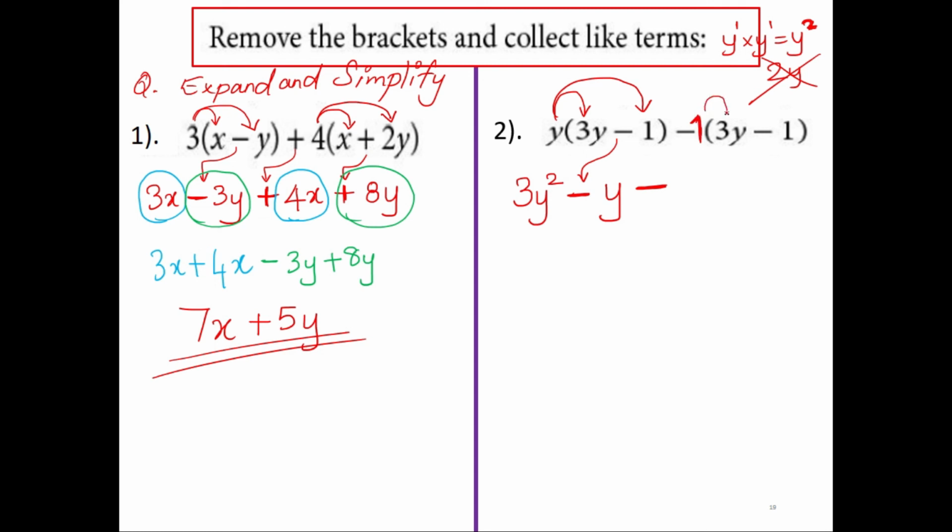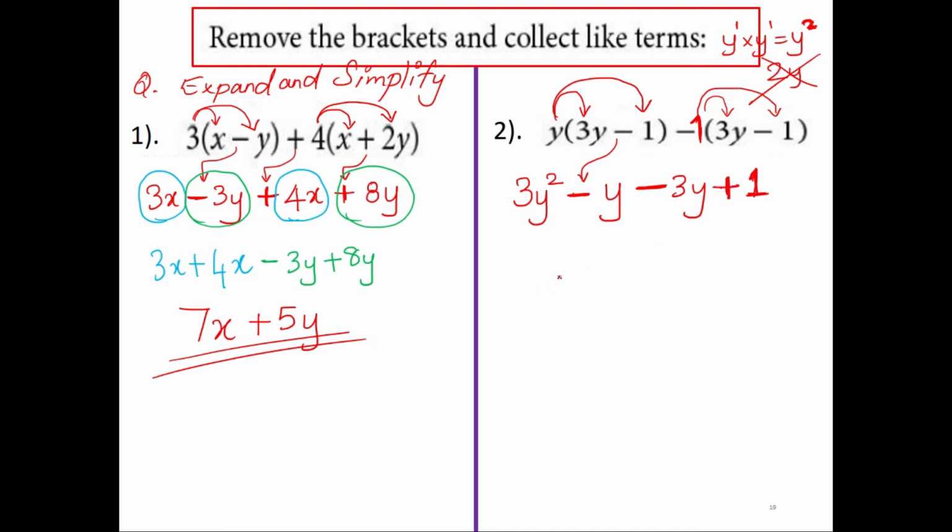So negative 1 multiplied by 3y is going to be negative 3y, and negative 1 multiplied by negative 1 will give you a positive 1. So this is where you have to be careful. You have to see these signs coming into play. And that is where most students make mistakes when they have these sign issues. Negative multiplied by negative turns positive.